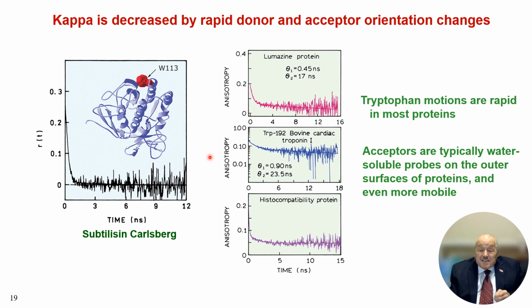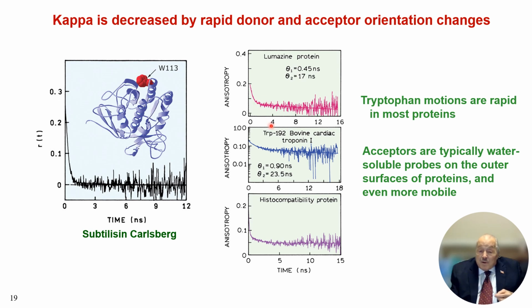We have not yet seen a case where this has caused a significant error in any measurements of distances in proteins. And this is because if you look at the anisotropy decay of the tryptophans, which are typically the donors, in any protein, they always have a fast component and a slow component.